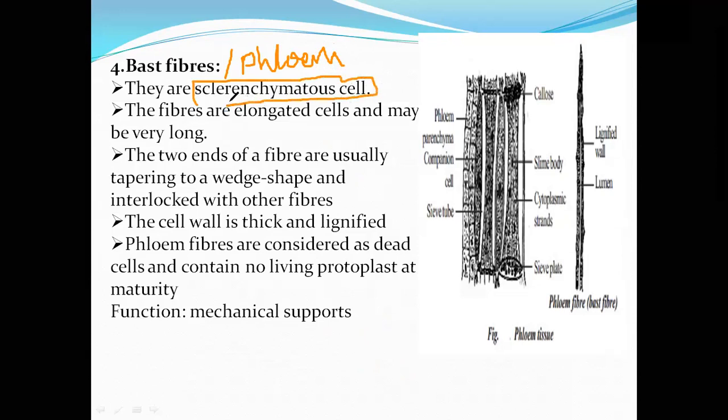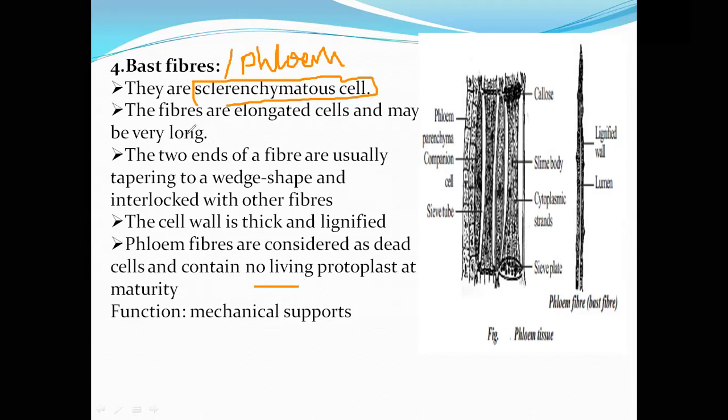Sclerenchymatous cells are generally non-living. They do not contain any protoplast at maturity, so at maturity they become dead.